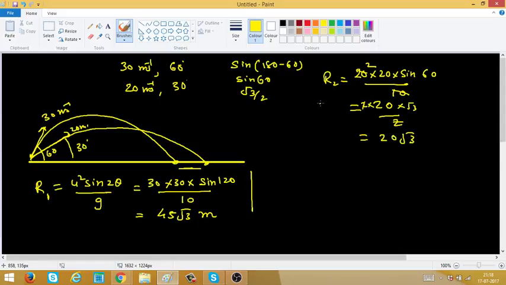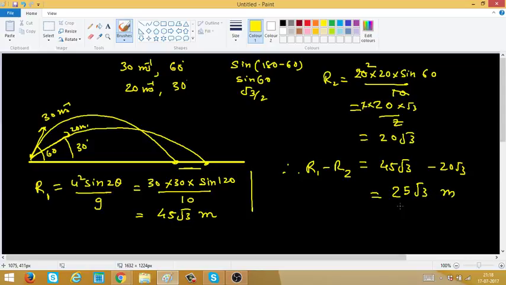So this is R1 and this is R2, and therefore the difference between them, R1 minus R2, will be equal to 45 root 3 minus 20 root 3, which is equal to 25 root 3 meter, which is the given answer.